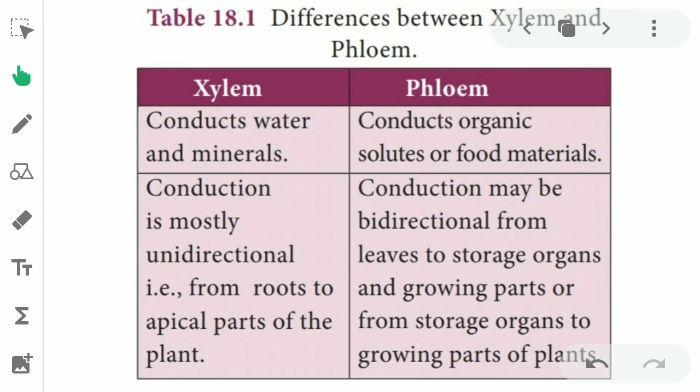Next, difference between phloem and xylem. Xylem conducts water. Phloem conducts food material. Xylem conduction is mostly unidirectional.